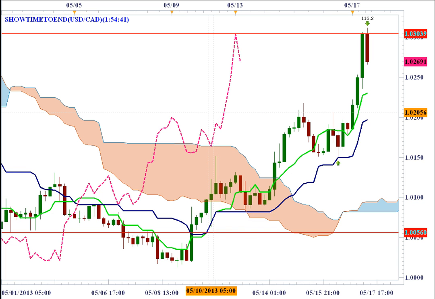Let's see where the Chikou Span is. We don't want to get into the trade anyway though, because price is inside the cloud. But back 26 periods ago, Chikou Span is above price. So we are starting to get into a trend because we're above the price from 26 periods ago.